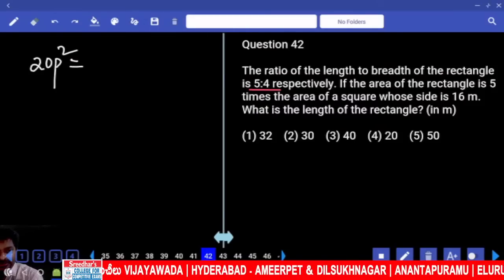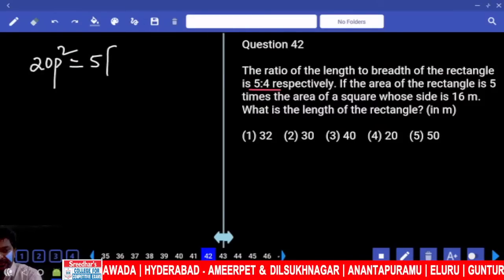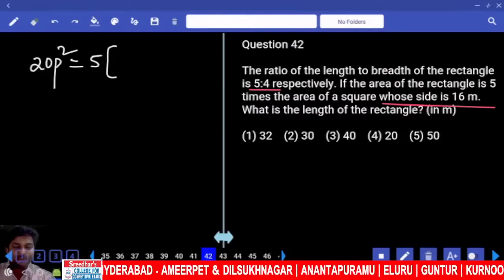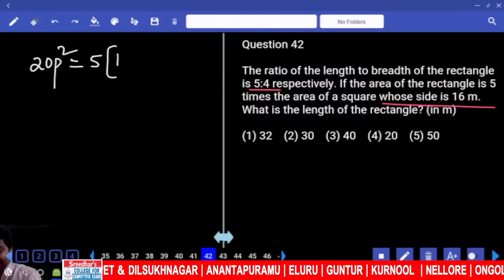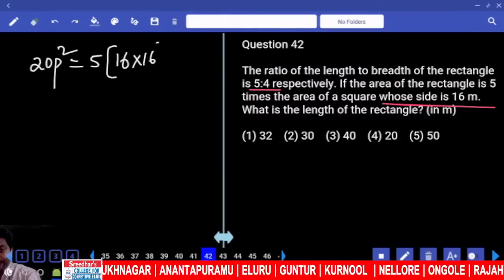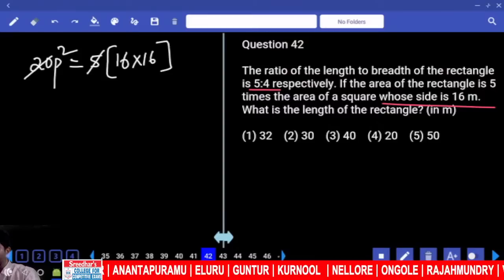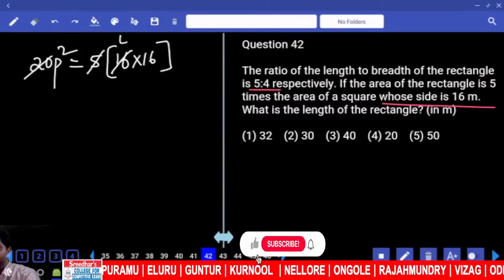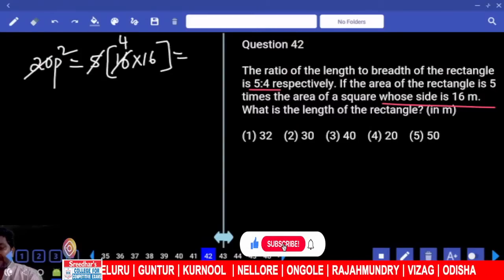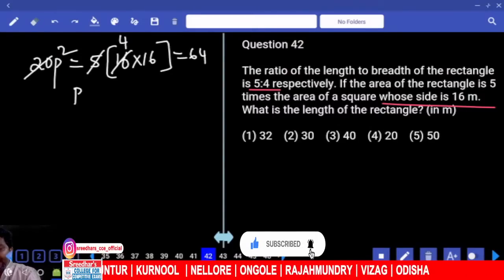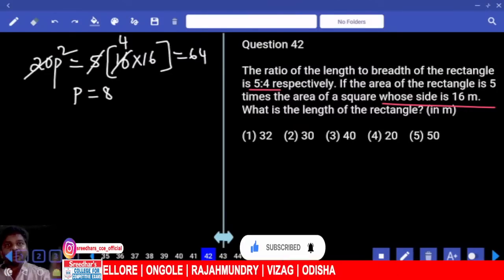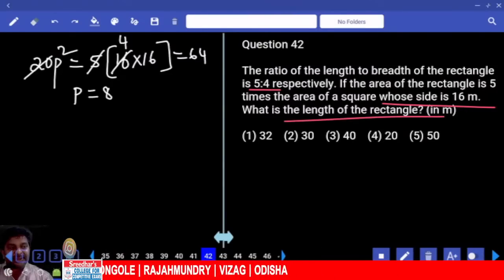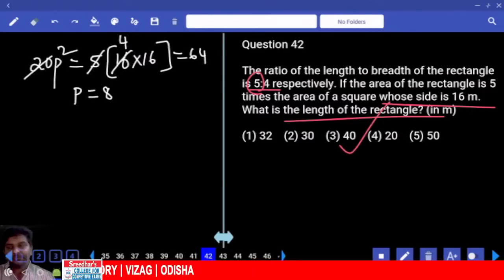That is 5 times the area of the square whose side is equal to 16. 16 square, 5 how many times? 4 how many times? Then p square is equal to 64. P is equal to 8. What is the length of the rectangle? Length of the rectangle is 5 parts. 5 into 8, 40.